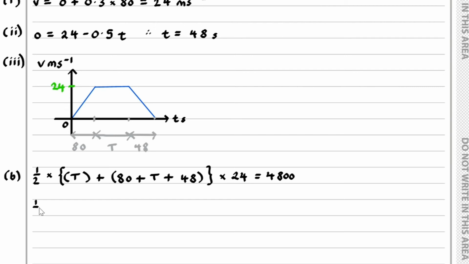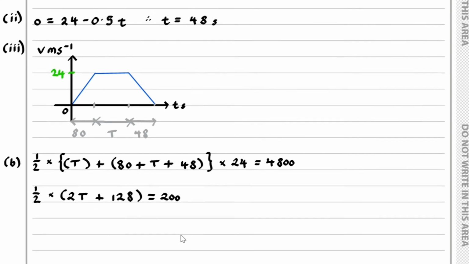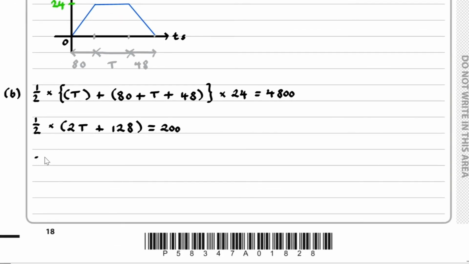So we have 1/2 multiplied by, well, here we've got 2t plus 128. This is equal to 200. So we have t plus 64 equals 200. t is equal to 136.